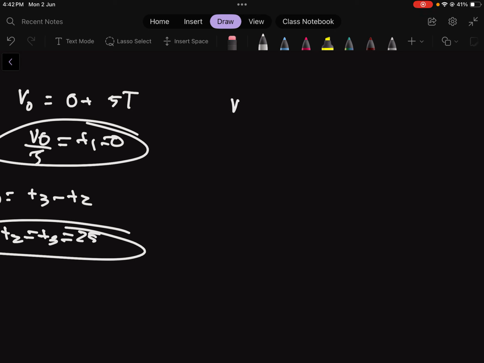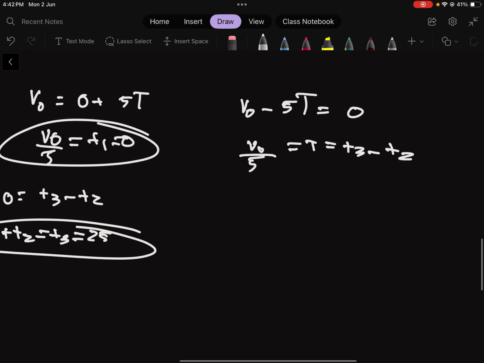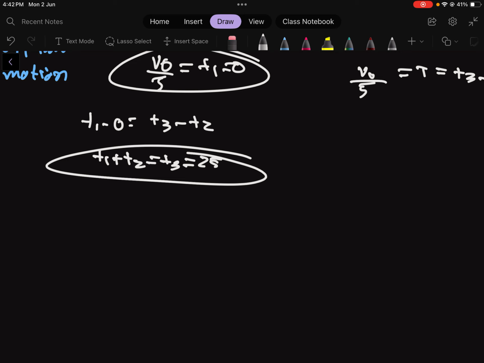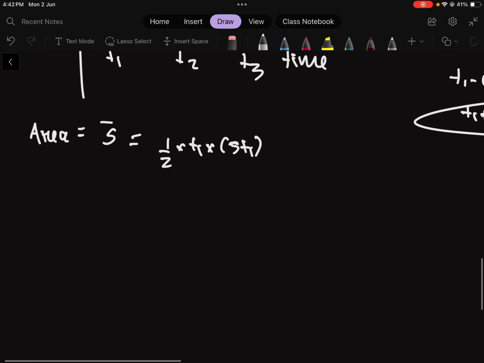So you can use the first equation of motion and say v0 minus 5t is 0. v0 by 5 is equal to t, and in this case t would be t3 minus t2. So when you equate these two, t3 minus t2 is equal to t1. So t1 plus t2 would be equal to t3, which is equal to 25.